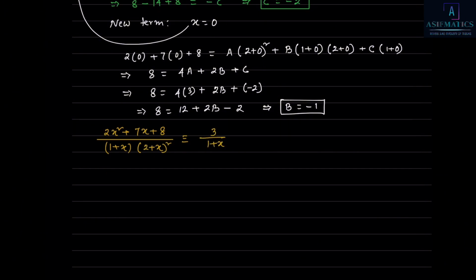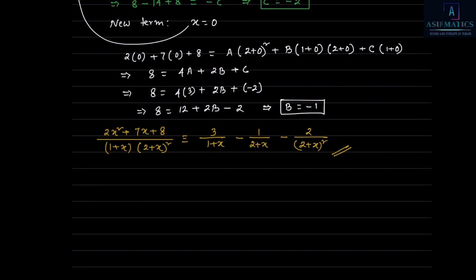Then b is minus 1, so minus 1 by 2 plus x, and c is minus 2, so this will be minus 2 by 2 plus x whole square. So this is the first part of partial fraction that we got from here.